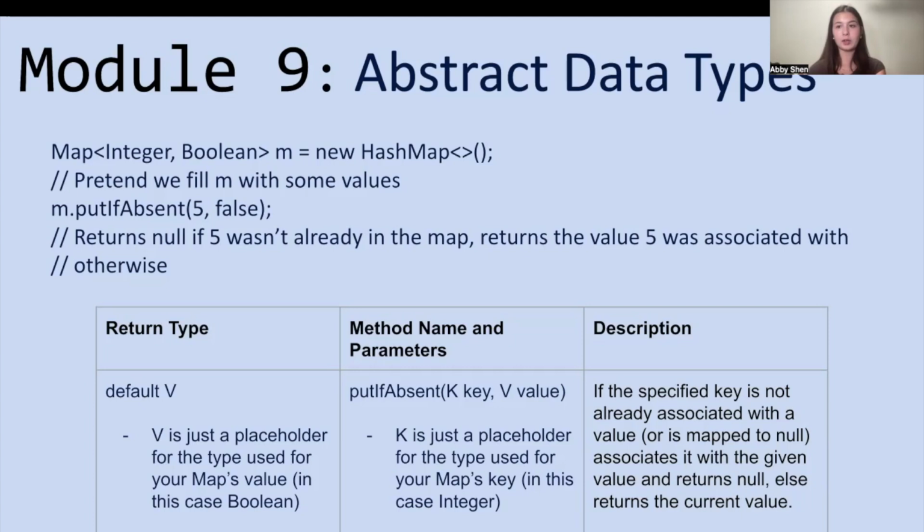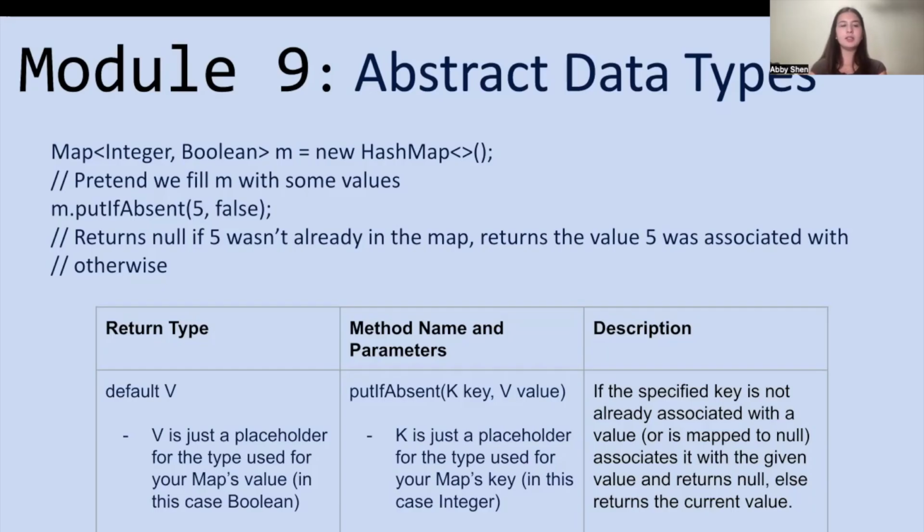So how do we actually use it? Let's say we have this map, m, which has integer keys and Boolean values. Let's say we fill m with some values. Just pretend we did that. Then we can call m.putIfAbsent(5, false).